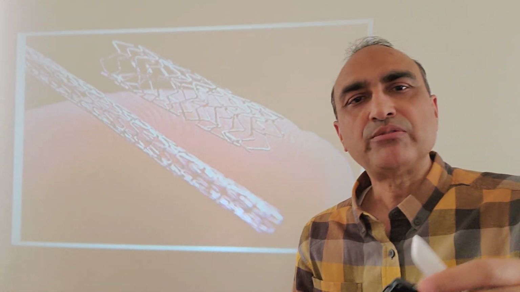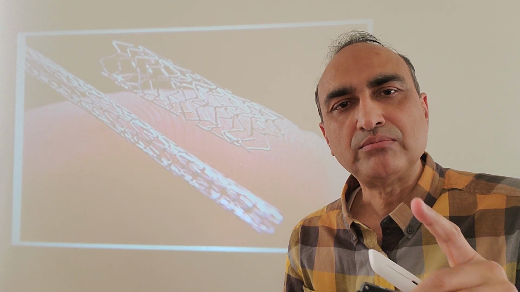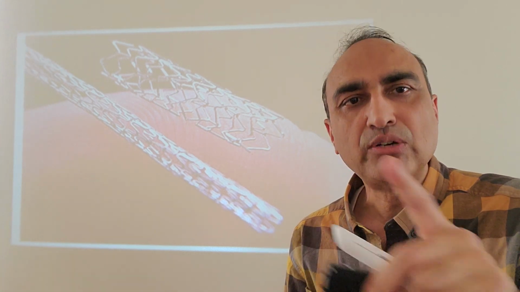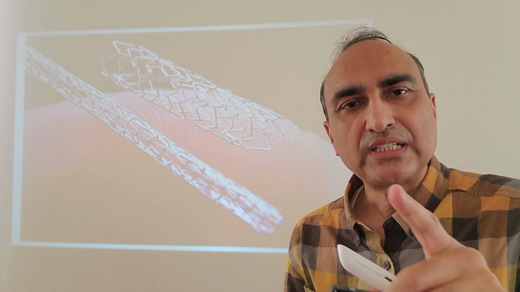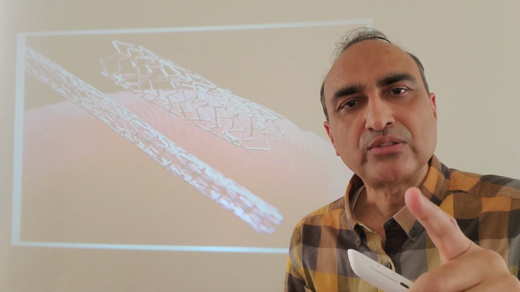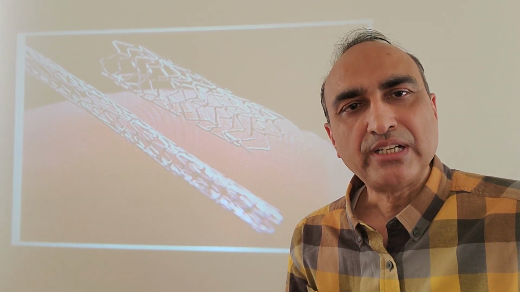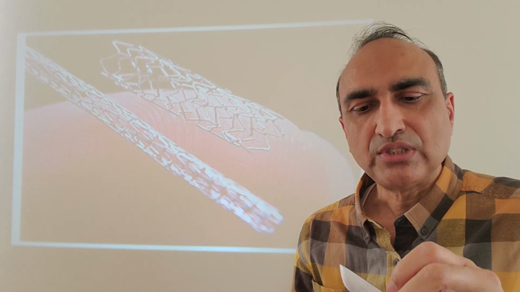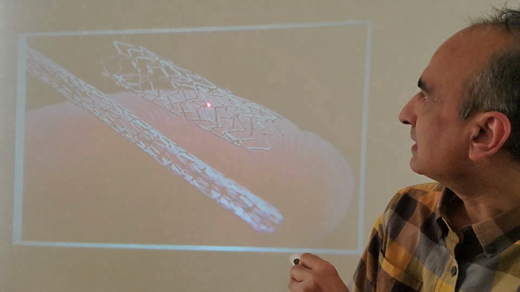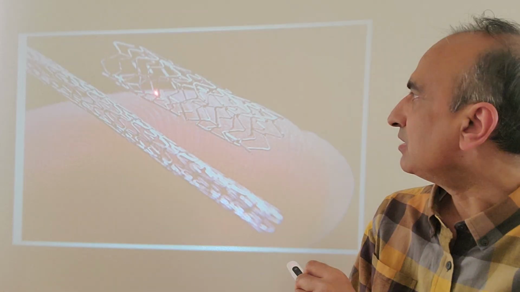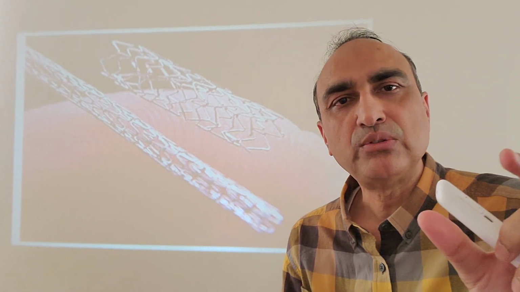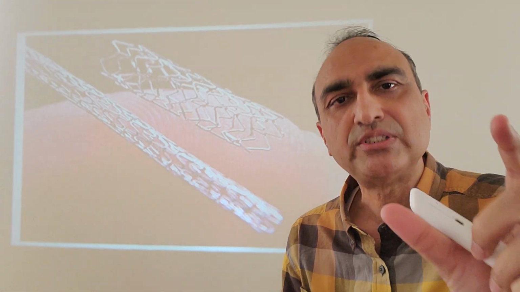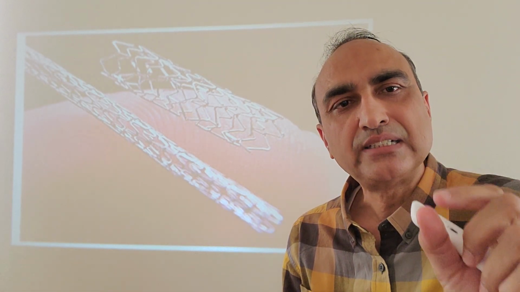On top of that wire we have a balloon which has a stent mounted on top of it. We take it there, and the balloon is then inflated. With that inflation, we have a result like this. The balloon expands, which leads to expansion of the stent as well, and that clears the blockage.